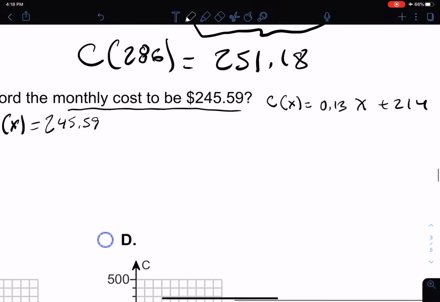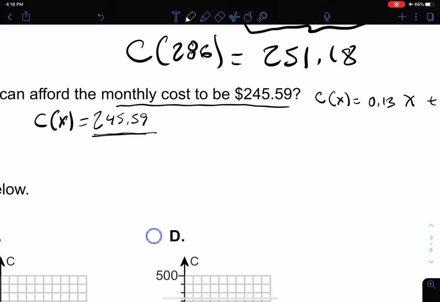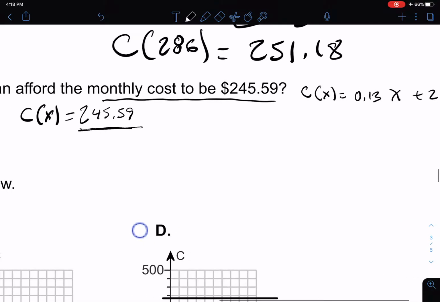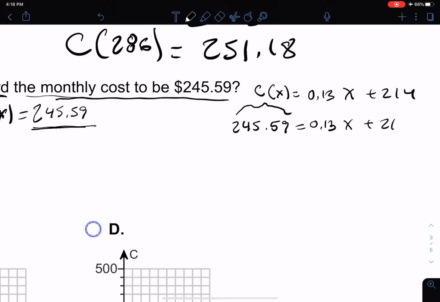She can afford a monthly cost of, so we're going to replace the C of x with $245.59. And now we have an equation with one variable, and it's just a linear equation.